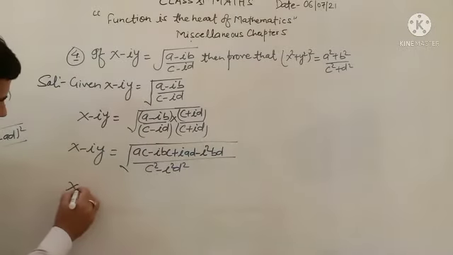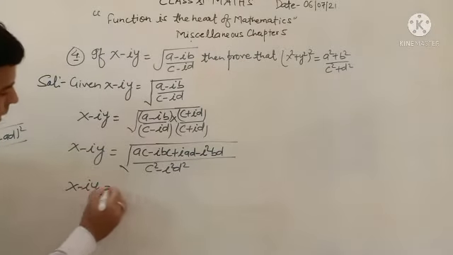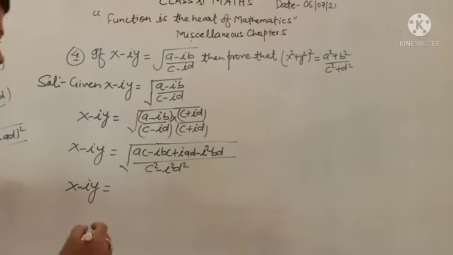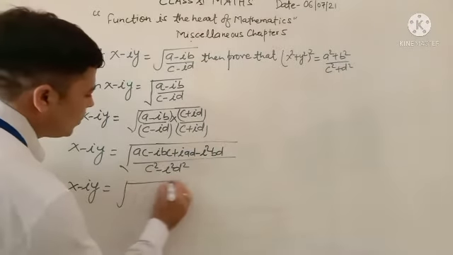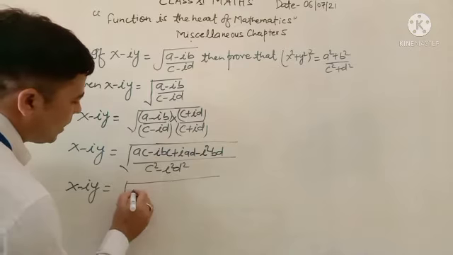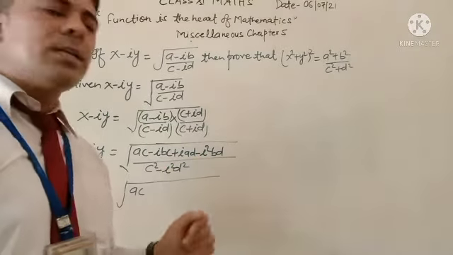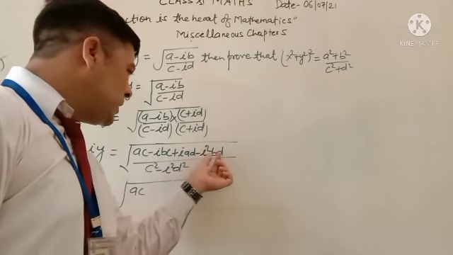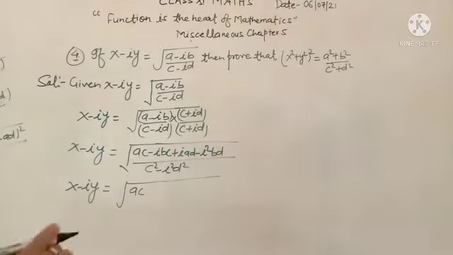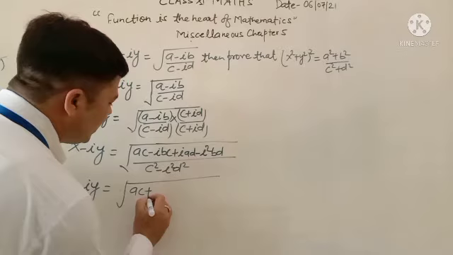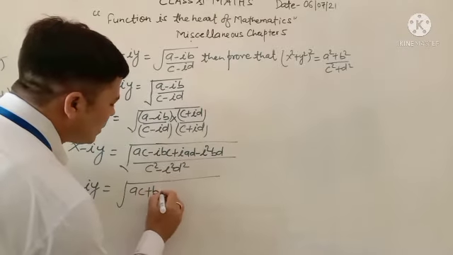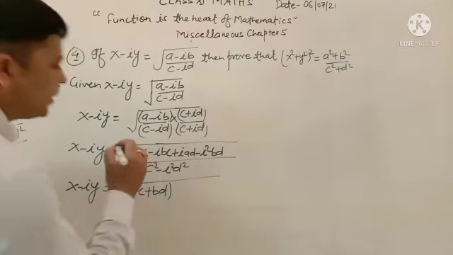So x minus iy is equal to ac, and i square gives you minus 1, so it is plus bd, this is the real part, ac plus bd.